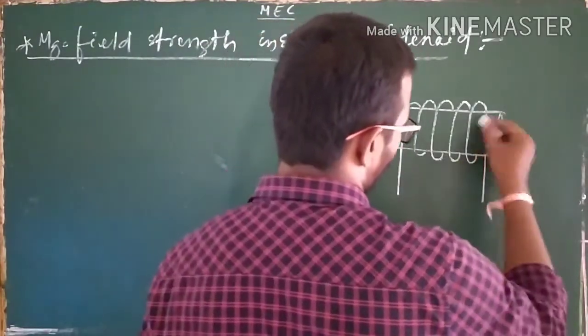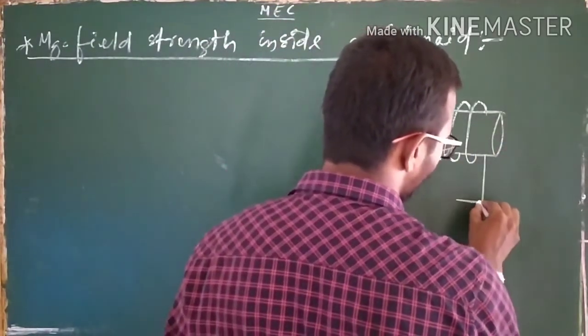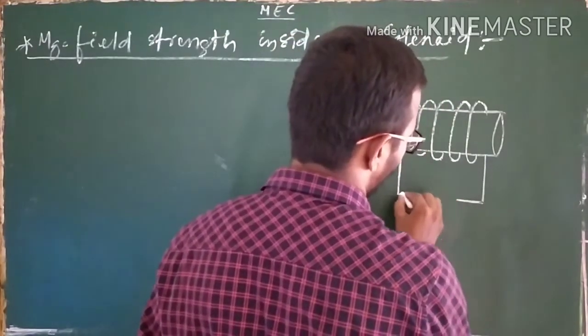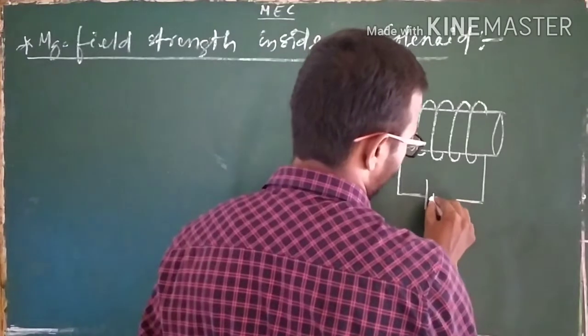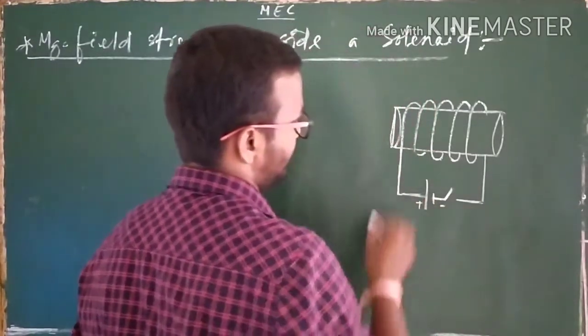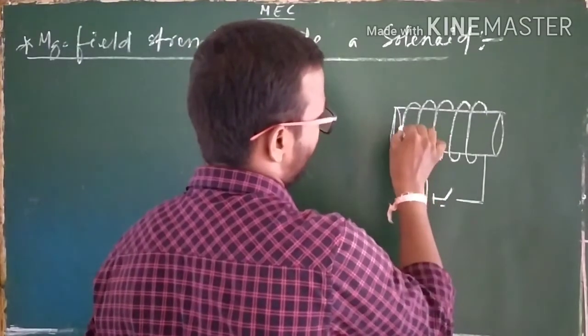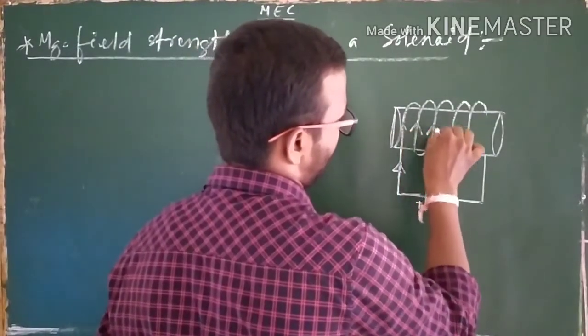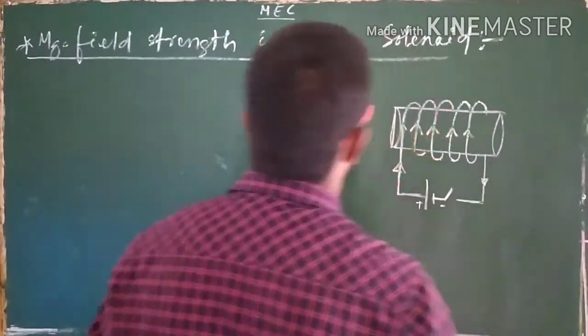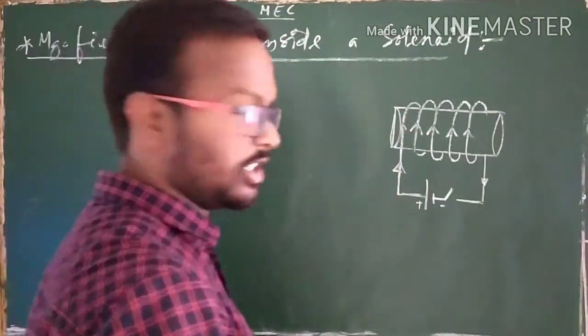Now look at the diagram. Suppose this is the positive terminal and this is the negative terminal, then this is the direction of flow of current in this way. Clear? And here we will discuss the ideal solenoid.